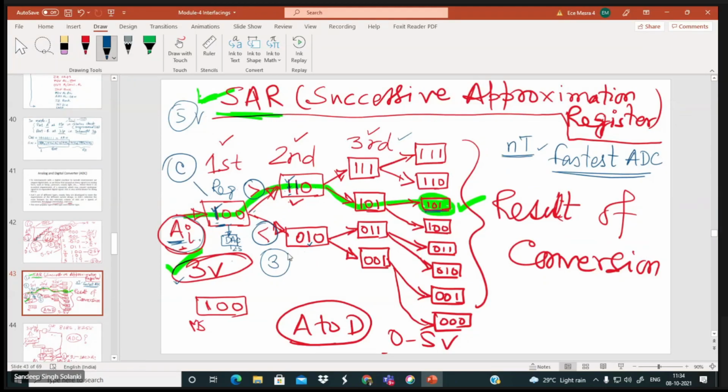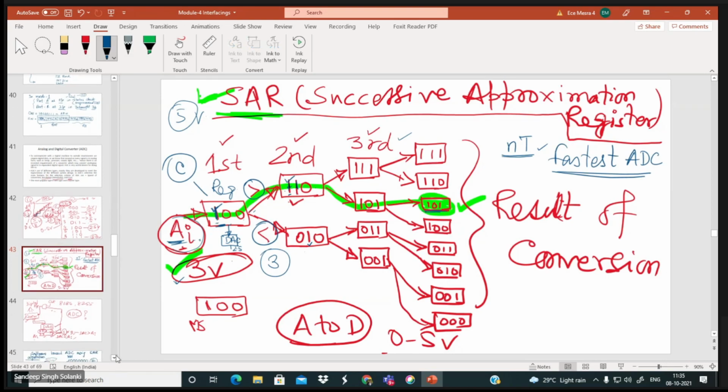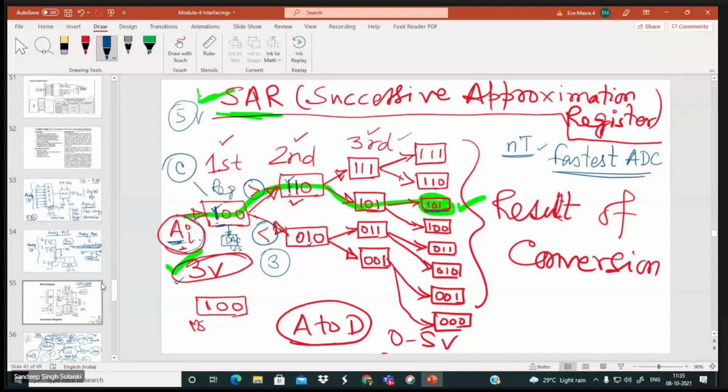Yes, sir. So then we'll have to give two different jumps, right? One case where it is greater, the other where it is lesser.